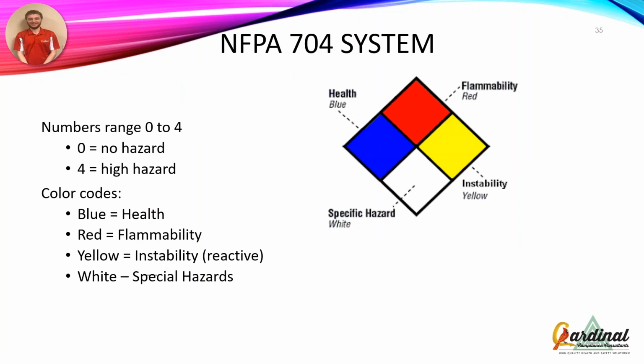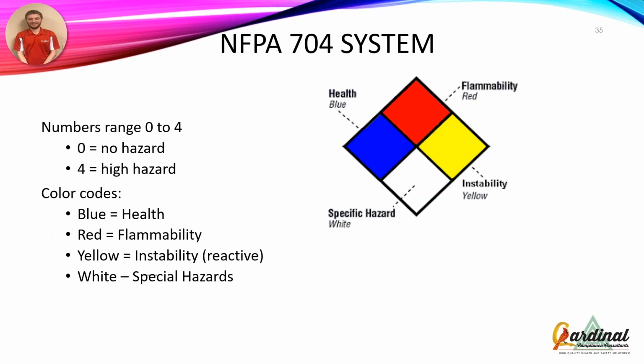What we use with our clients is this NFPA 704 system. It's very easy to use. You have to know that blue means health, red means flammability, yellow means instability, and white is different on this label. It's not for PPE, but for a specific hazard. For example, if something's corrosive, you could write COR in there to let somebody know it's corrosive.